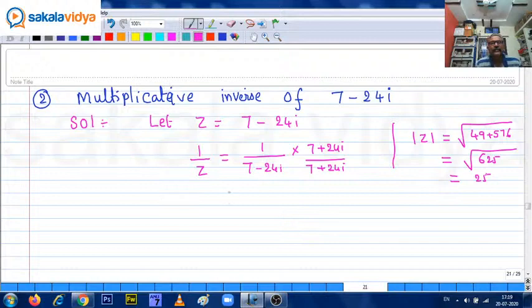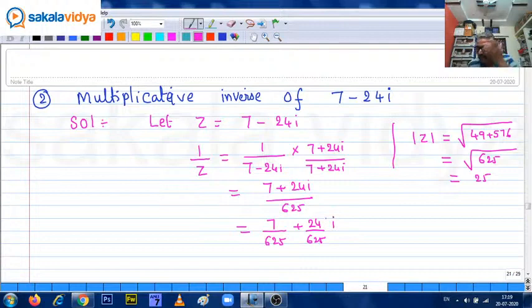This is mod Z square. 7 plus 24i by mod Z square is 625. So 7 upon 625 plus 24 upon 625i. Okay, now you are able to find out this multiplicative inverse.